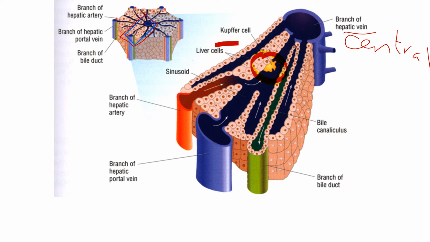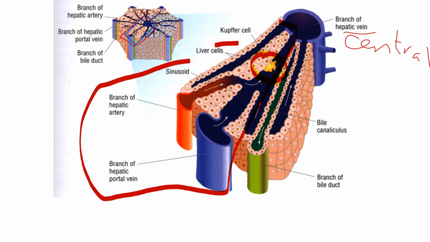Those red blood cells, like I said, last about 3 months-ish, and then they're broken down by those Kupffer cells. So that's the kind of deamination element. The deamination involves the sinusoids, the hepatic portal vein, and the hepatic artery, and a little bit of the Kupffer cell.